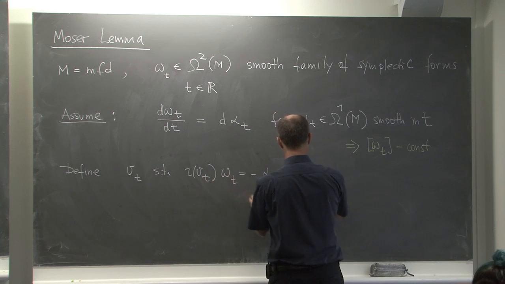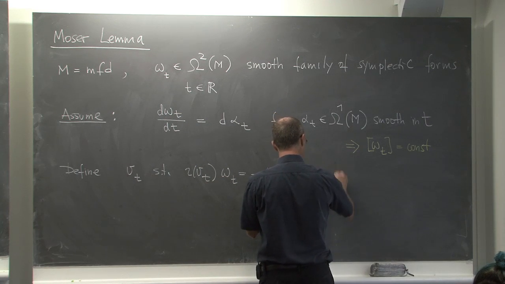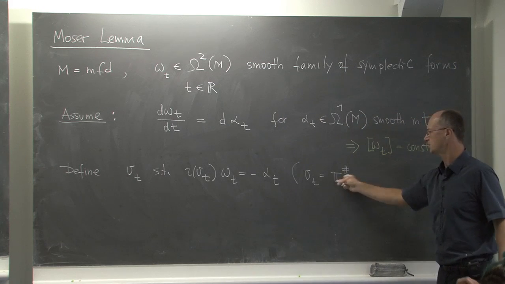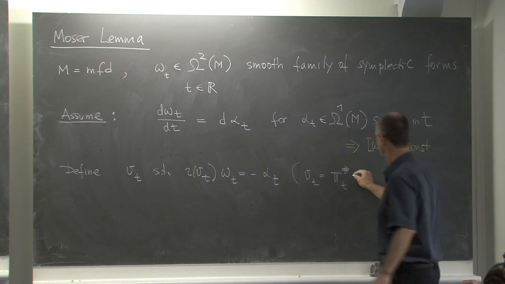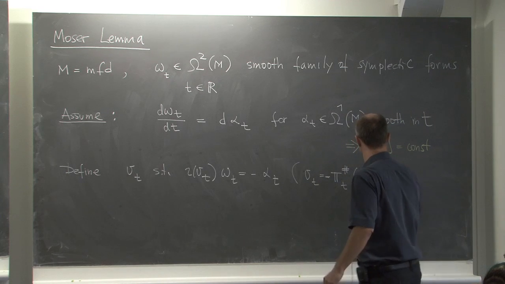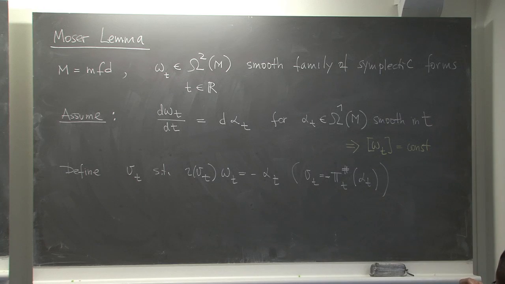Of course, we know that in fact Vt is pi t sharp, the inverse bivector computed on alpha t, with a minus sign.